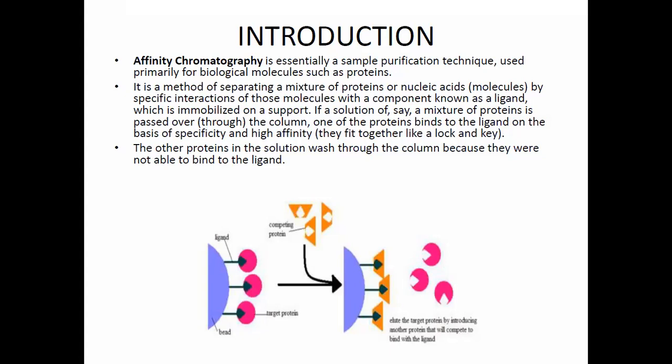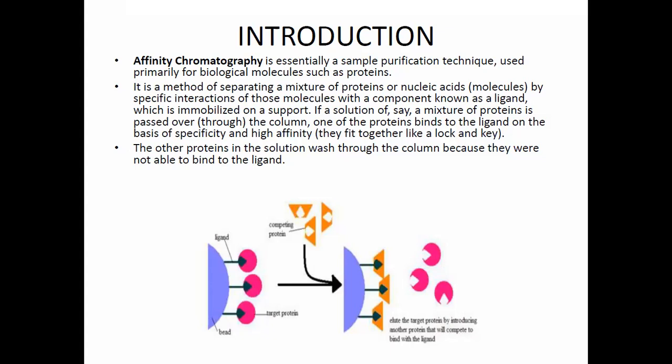Particularly in macromolecules, for example, protein separation from biological fluids, specific ligands are selected. These specific ligands are coated, bonded over the beads, and the column is filled with such beads.